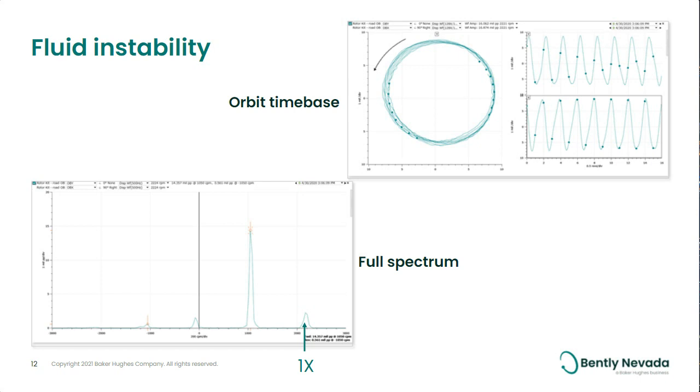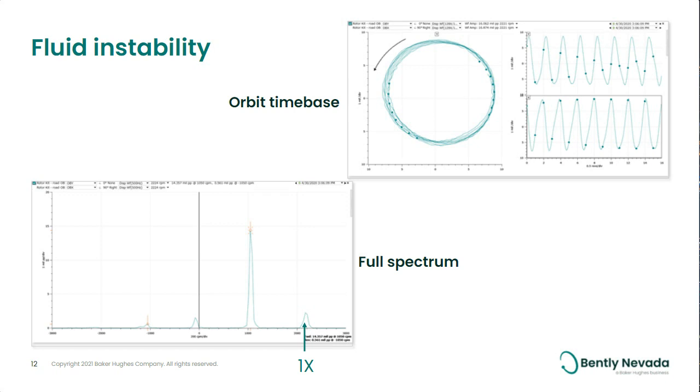So the other thing about that orbit is that it is, again, very circular in nature, in shape. And that's typical of a fluid-induced instability, as the fluid is running around the bearing at the circumference and is allowing that shaft to go around the bearing as well.